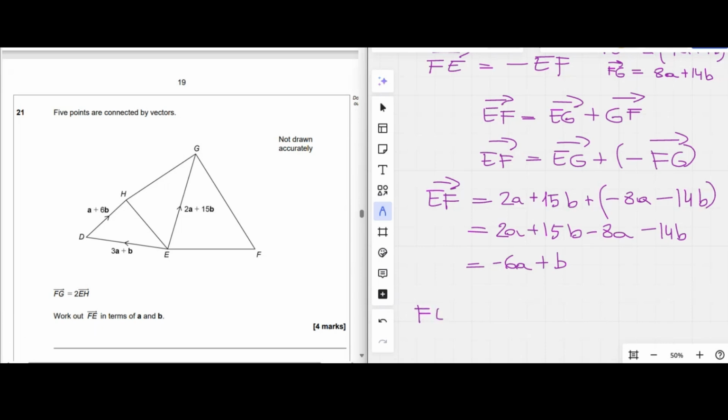So FE is negative EF, so 6A minus B, right? We are changing the signs, and that's the correct answer.